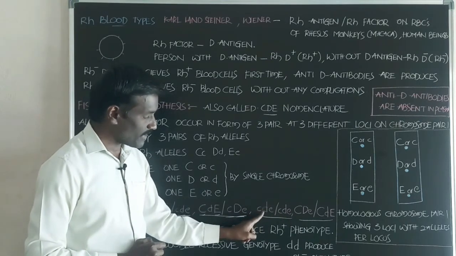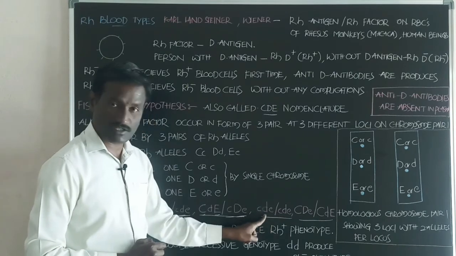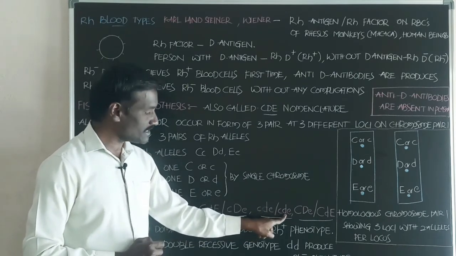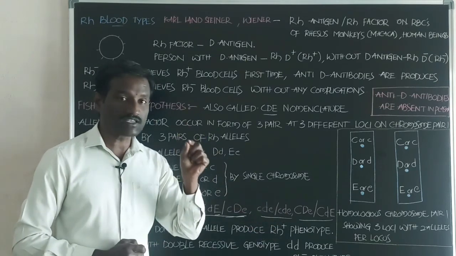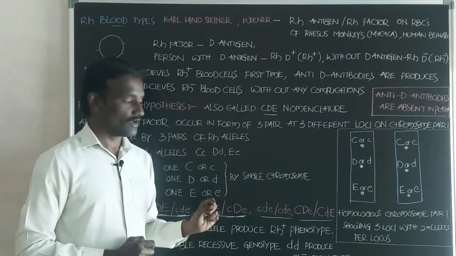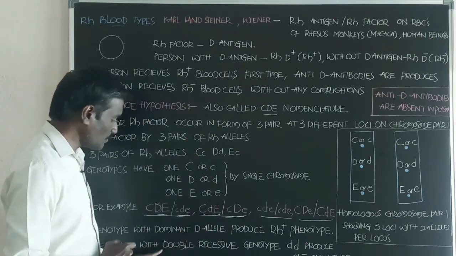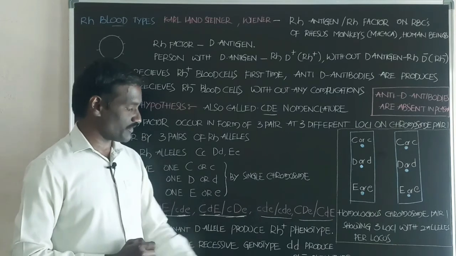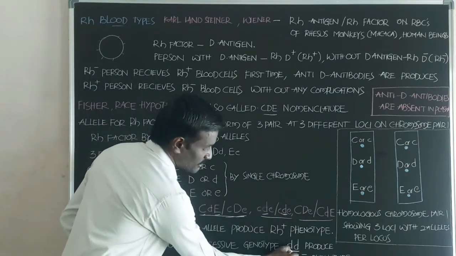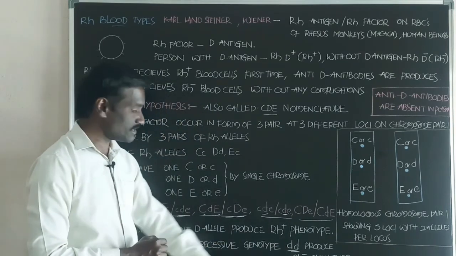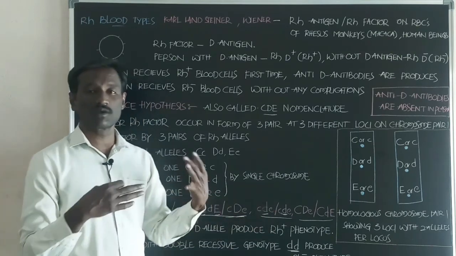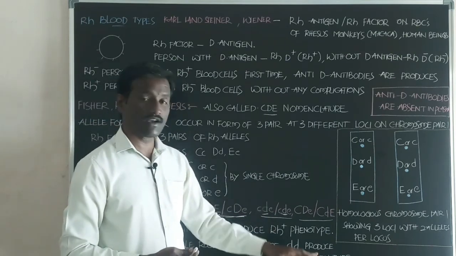Because of the presence of these genotypes, small d is present. This is equal to the double recessive d allele, dd. One small d from each parent is received by the child. That causes the production of the Rh negative phenotype.